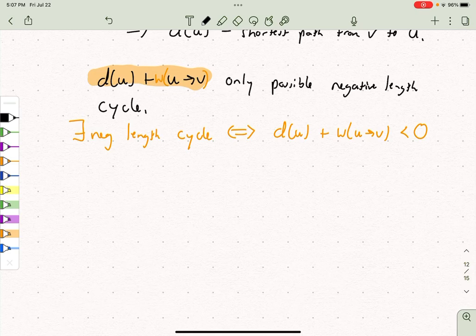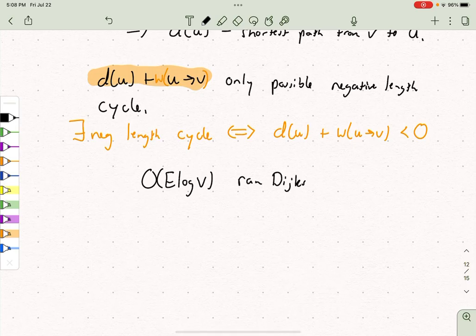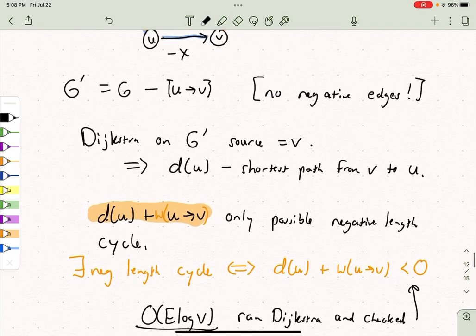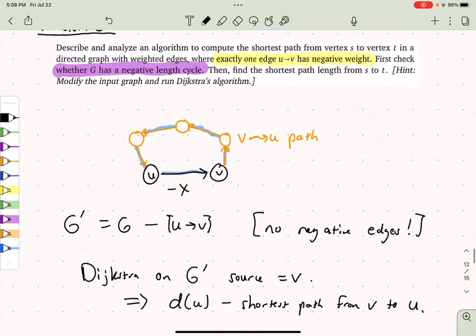So overall, in O of E log V time, we ran Dijkstra's and simply checked this condition. So overall, we get O of E log V time to figure out if there is a negative length cycle. So now let's suppose there is no negative length cycle.